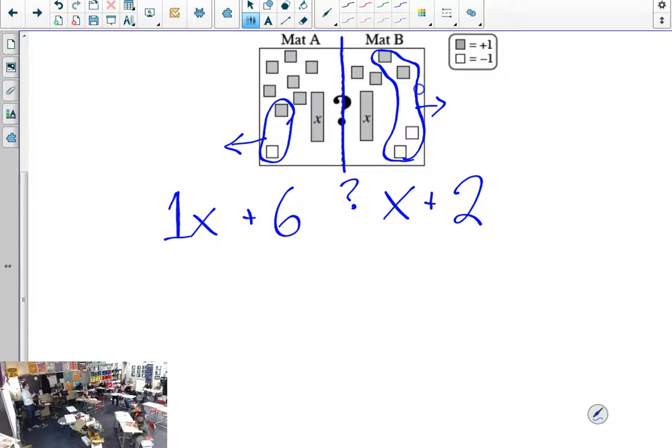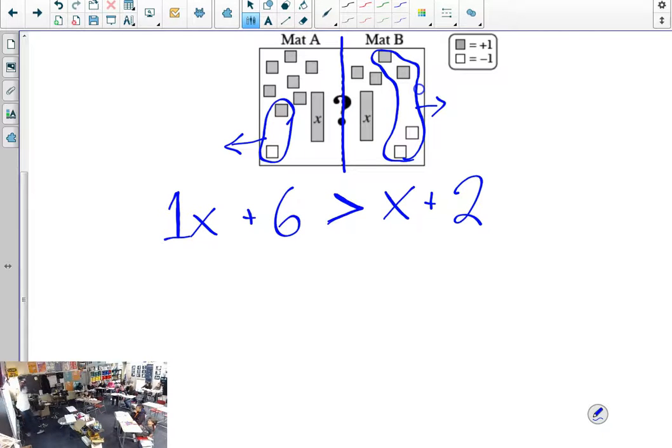Now, since I have x on both sides, I don't really care about it because they both have the same thing. Which side has more right now? Why? How do you know that, Noah? Because they're both positives, and the left side has more positives.